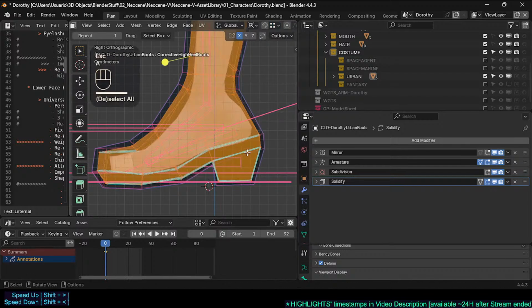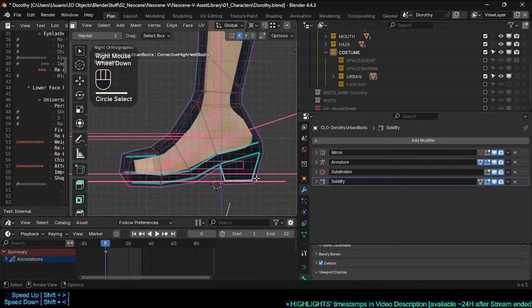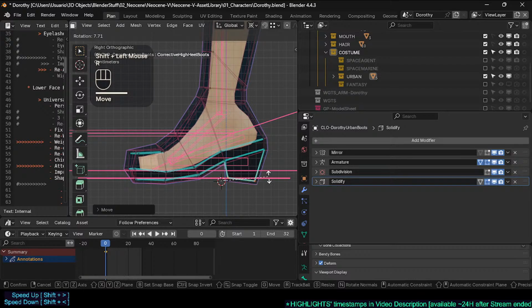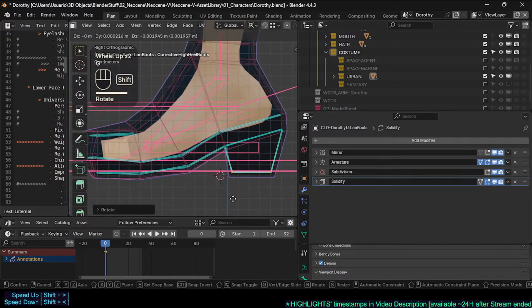SX0, no. Oh yeah, I see why. Because this mesh responds to something else. Alright, so we're gonna do it visually then.